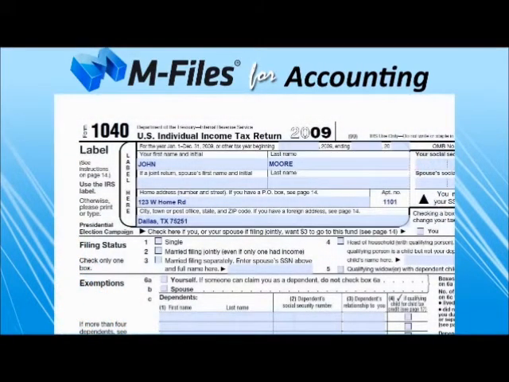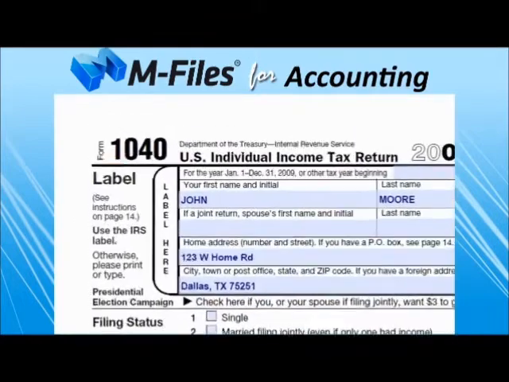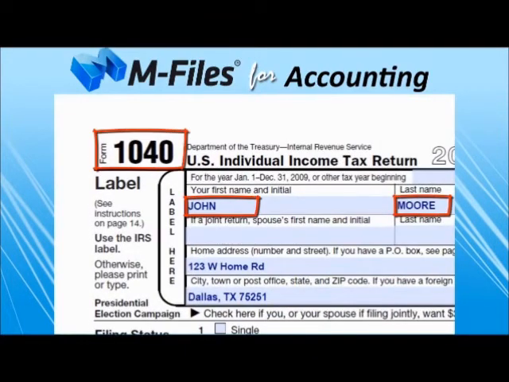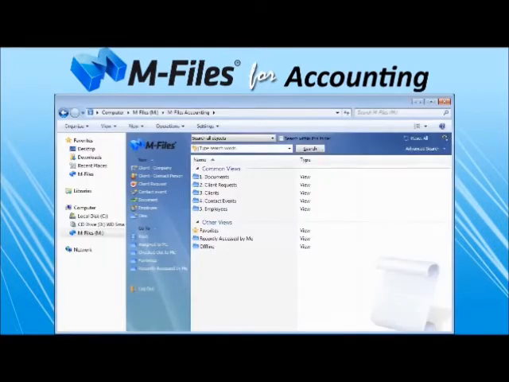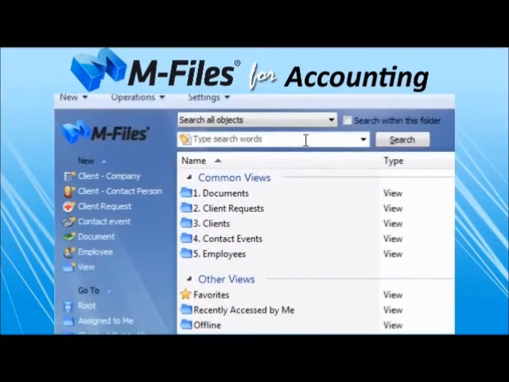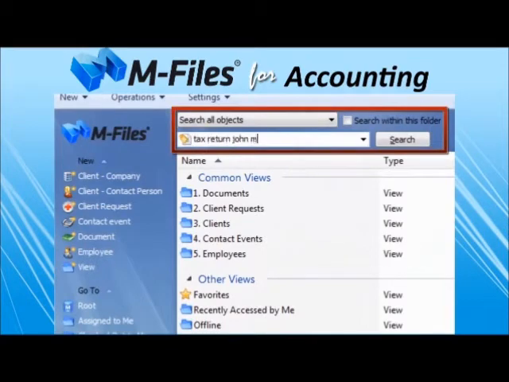Also, scanning paper documents into M-Files accounting like this 1040 form couldn't be any easier. We can use any of our existing scanners and make the scanned document full text searchable in the M-Files accounting vault with just a few clicks from the scanner.